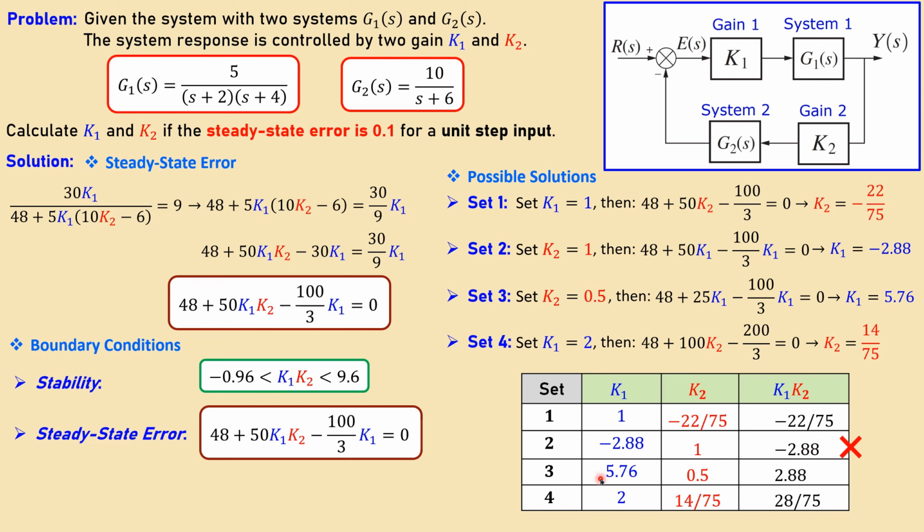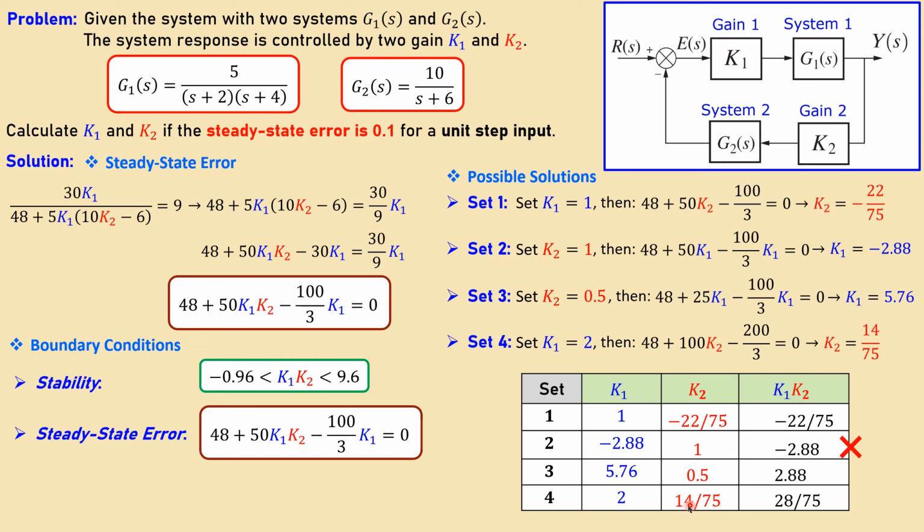Now for set 3, I can say, okay, 5.76 was for K1 and K2 was 0.5. Taken together, you get 2.88. Interesting is that this is just the inverse of that one. So this will do the job, because 2.88 is smaller than 9.6, so that's fine.